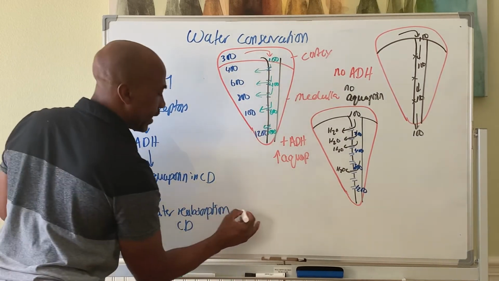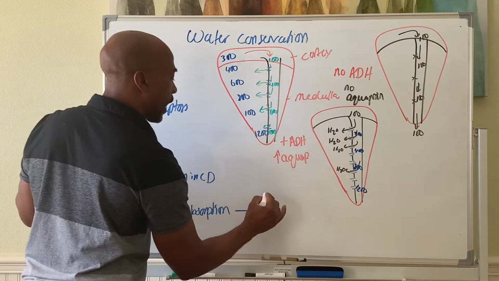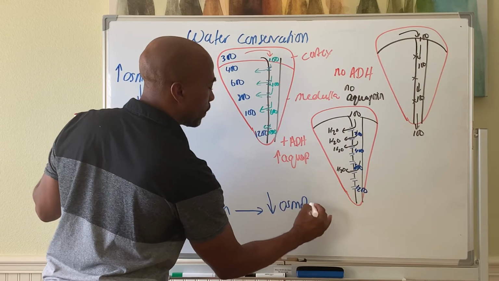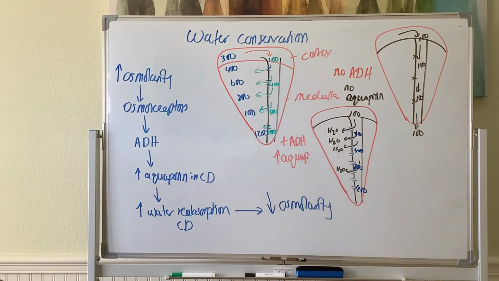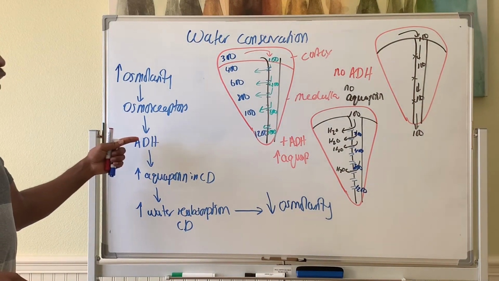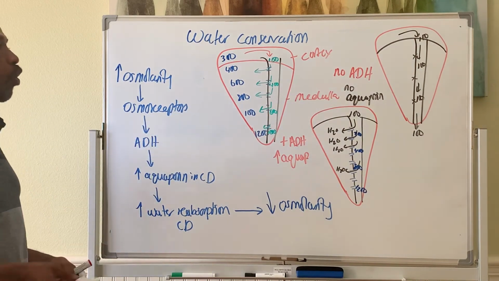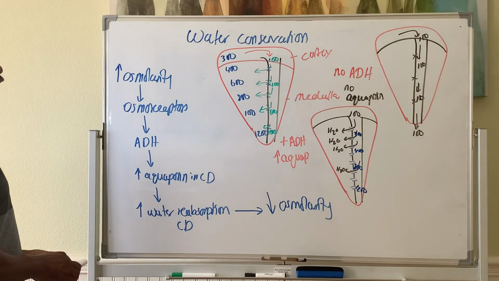The net effect is that by retaining the water, the osmolarity of your blood will drop. This happens on a hot day. When you're thirsty and dehydrated, you make more ADH, which causes you to make more aquaporin, which causes you to retain water, pulling it back out before it leaves the body in the urine.